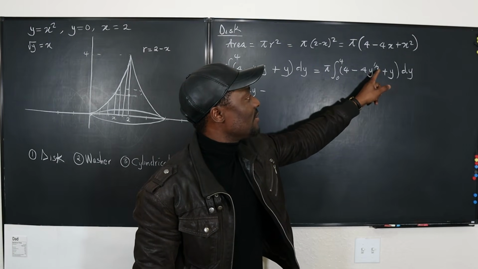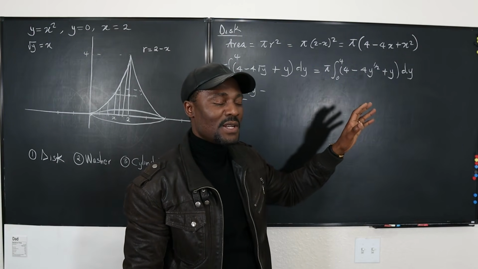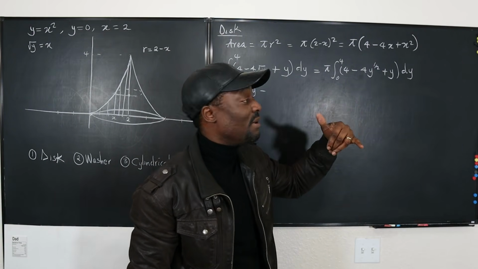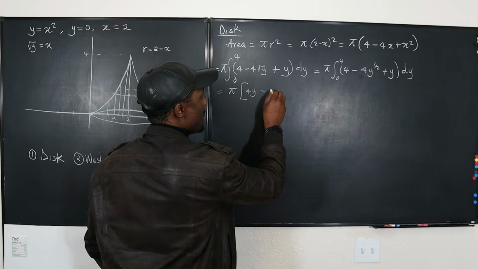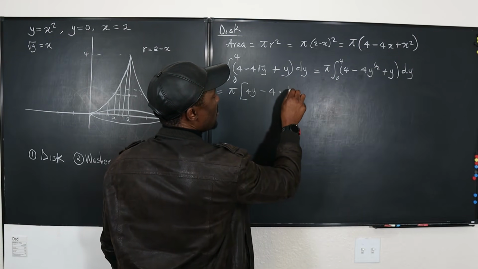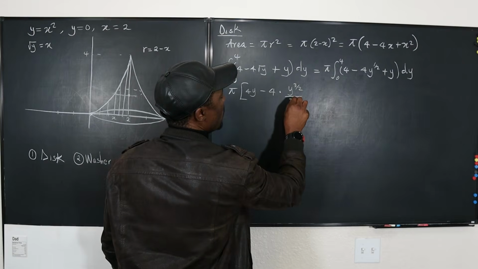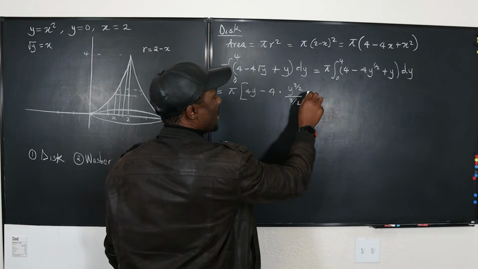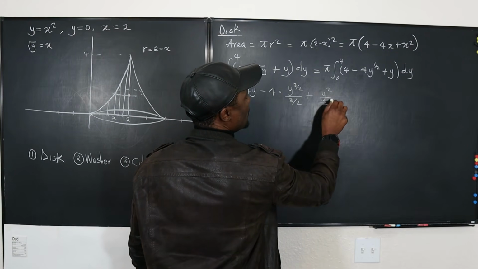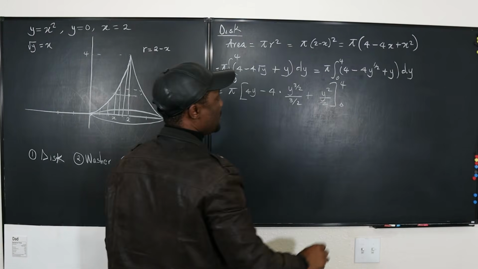Just add 1 to the exponent. 1/2 plus 1 gives you 3/2, and then you divide by 3/2. So it's minus 4 times y to the 3/2 over 3/2, plus y squared over 2, evaluated from 0 to 4.